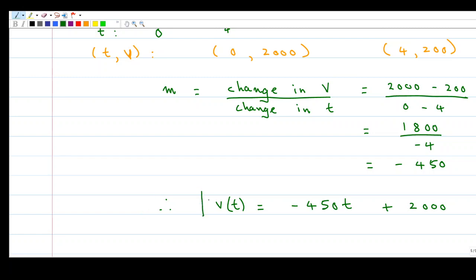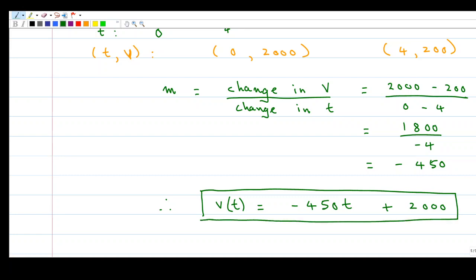So this is the function that gives you the value of the computer after t years, at the end of year t.